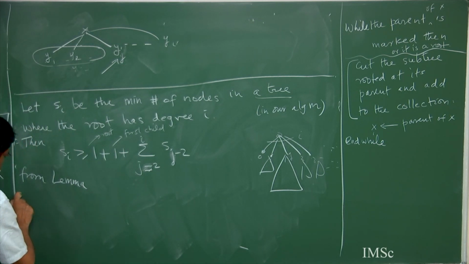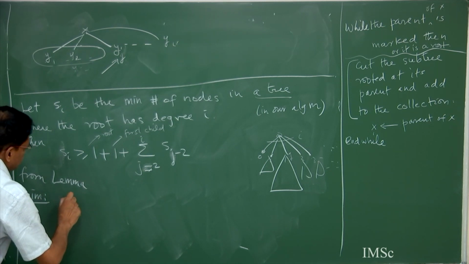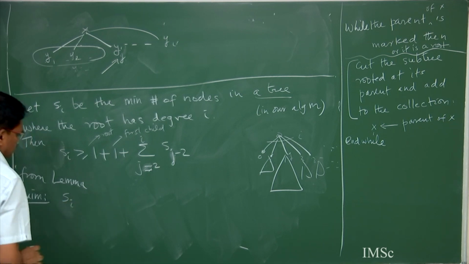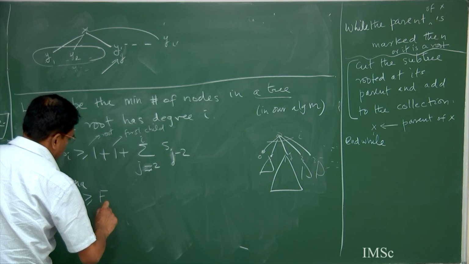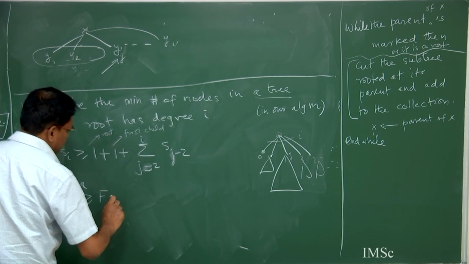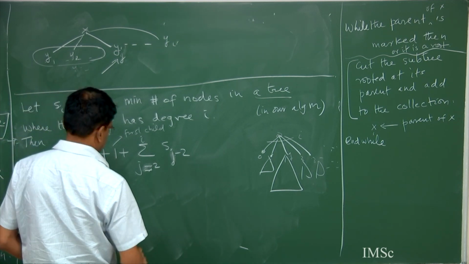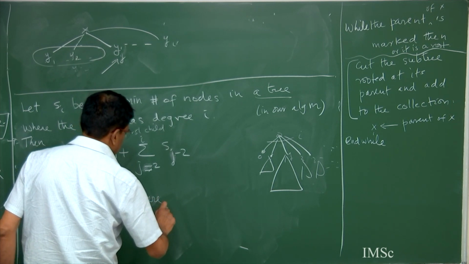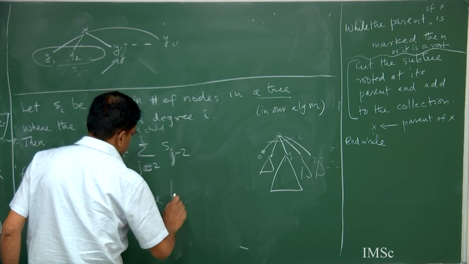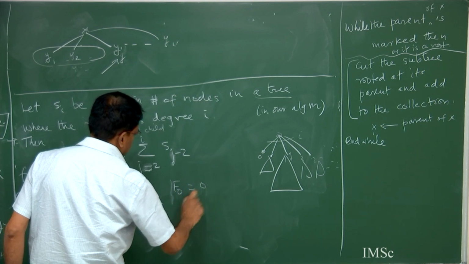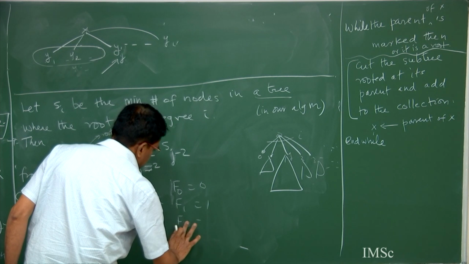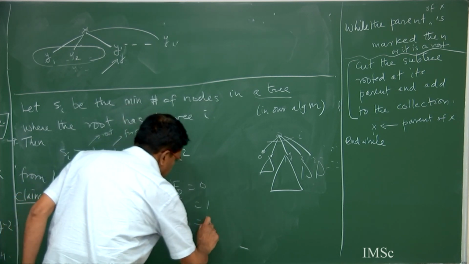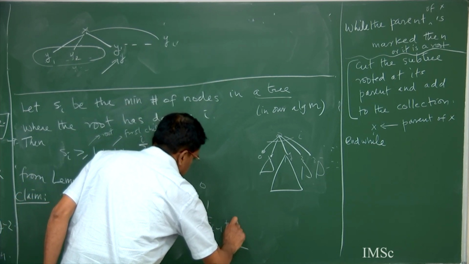So the claim is that Si is greater than or equal to F i minus 2, where this is the Fibonacci numbers.